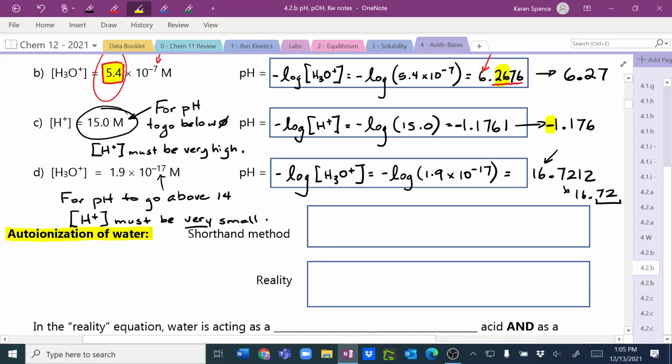The autoionization of water. Auto, meaning something one does to oneself. Ionization, turning into ions.